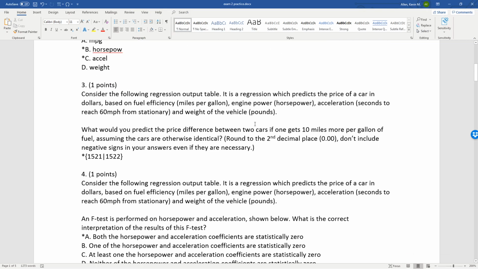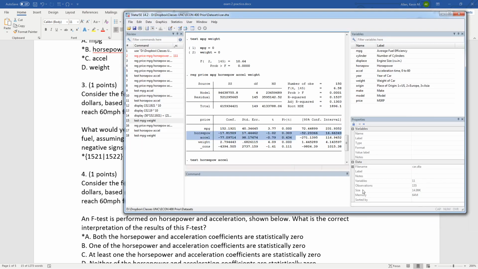Then for number 3, what would you predict the price difference between two cars if one gets 10 miles per gallon more, assuming the cars are otherwise identical? So what that means is, if you plugged in the same number for horsepower, acceleration, and weight, what would the difference be if one car had a 10 mile per gallon advantage over another?